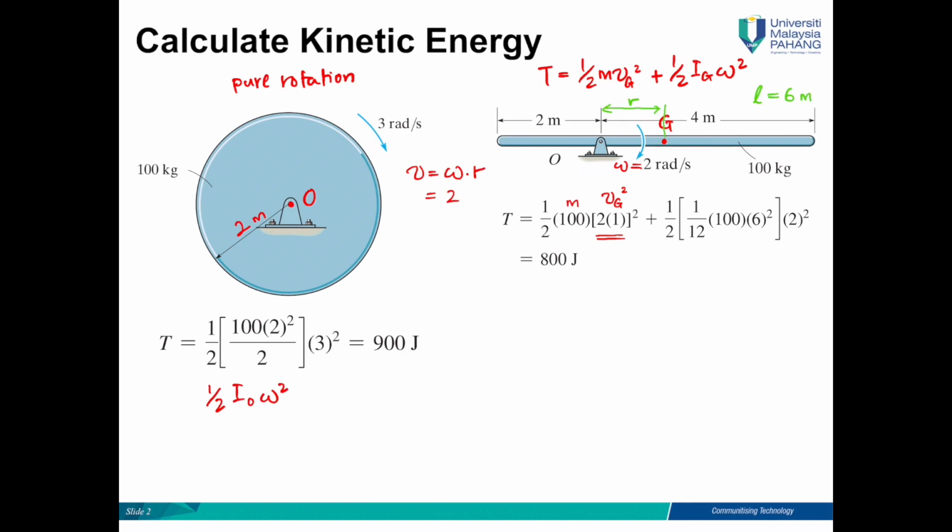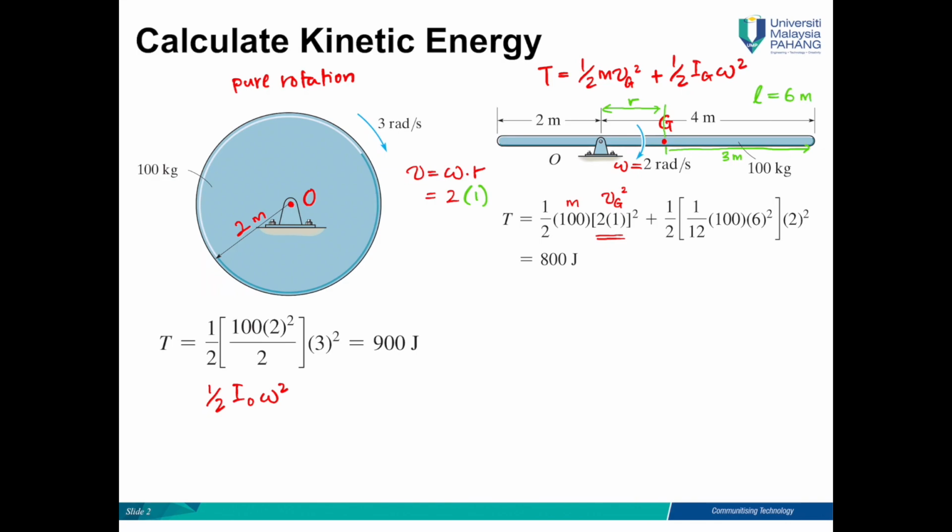So the half here must be 3 meter, right? Therefore r is equal to 4 minus 3, so r is 1 meter. Therefore you have 2 times 1 here.